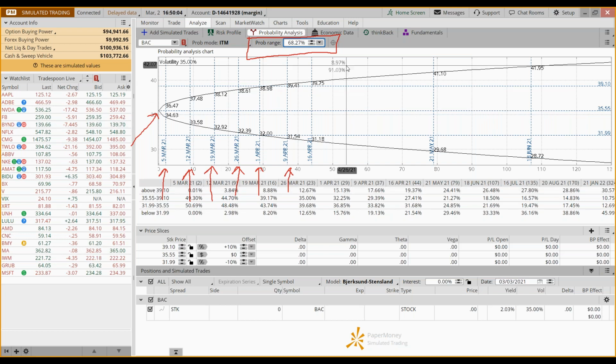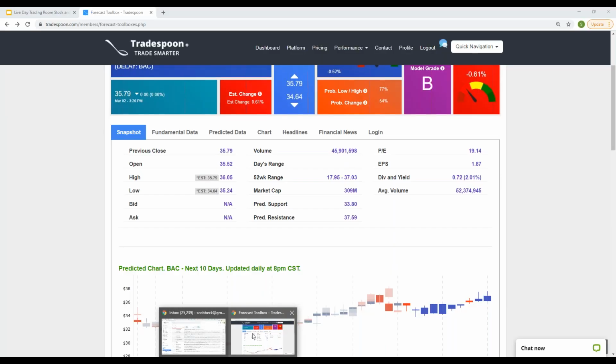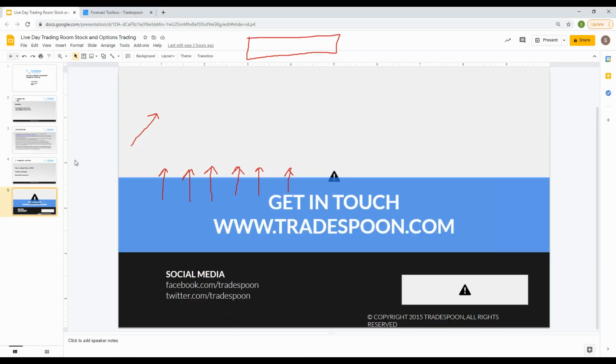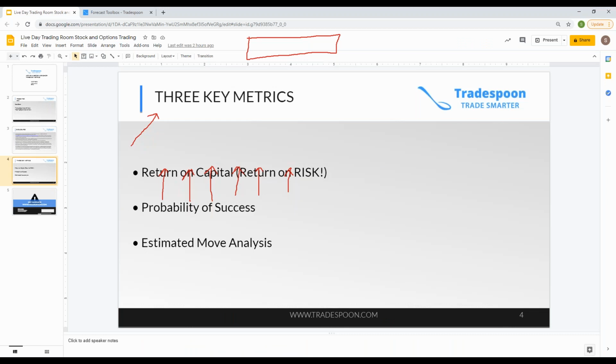So yeah, I might be taking a different approach to some when it comes to these mechanisms here. Let me get rid of these drawings, right? So I want to be very clear about what we're trying to do with return on capital and mostly even return on risk. Return on risk means I need to know reward, I need to know risk.